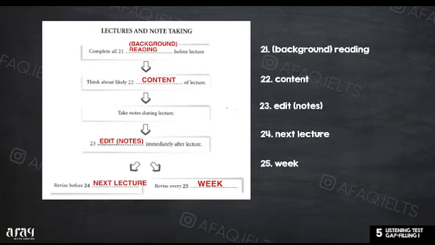So as you heard, for number 21, the answer was background reading or reading. Number 22, content. Number 23, edit or edit notes. And number 24, next lecture. And finally, for the last question, your answer was week.